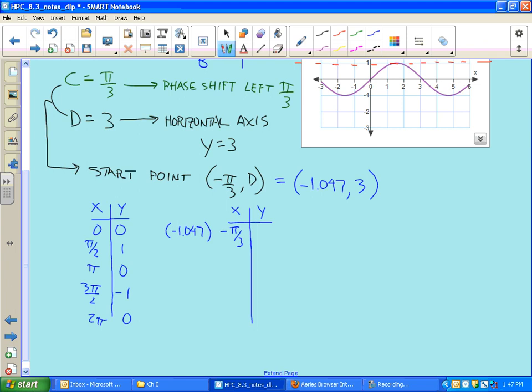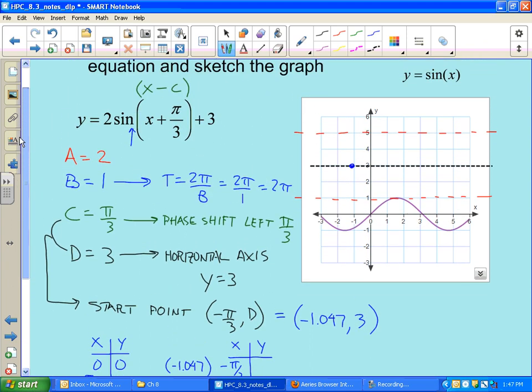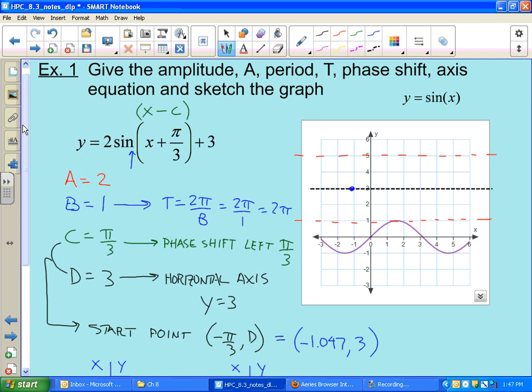What do I add to negative pi over 3 to get myself to the next quarter point? Well, it's relative to what? To answer that question, you need the period. We need to know the period if we're going to talk about quarters, because I can't find quarters of something unless I know how long the period is. So this period, we said, was 2 pi. All right, so we're going to cut that period into quarters.